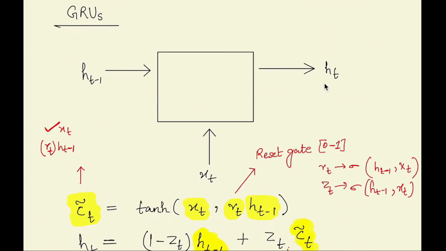So basically they only have a hidden state, they do not have a separate cell state.